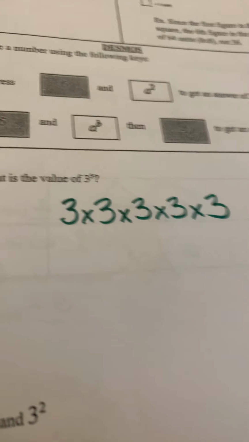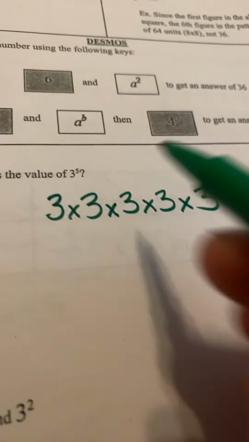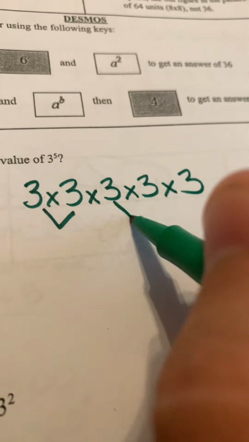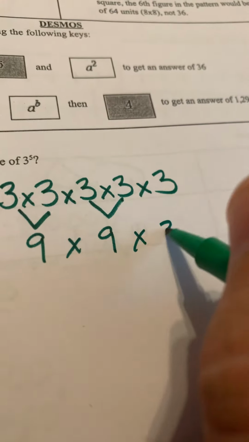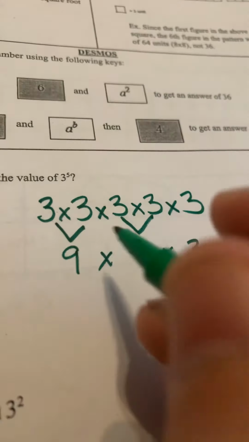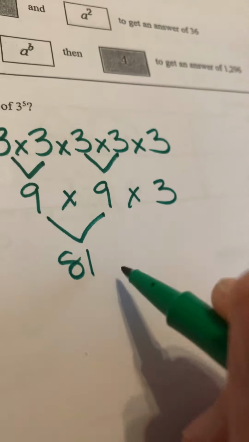Okay? So what I'm going to do, like what we talked about when we looked at exponents 4, is I'm going to start combining a few of these. Okay? So I know 3 times 3 is 9. 3 times 3 is 9 times 3. I can multiply 9 times 9 to make that 81. 81 times 3. I'm going to come over here. 81 times 3.